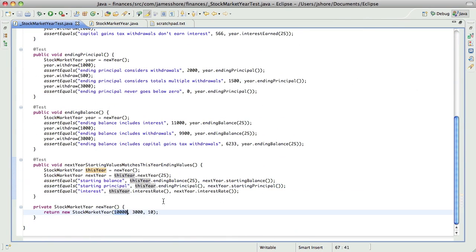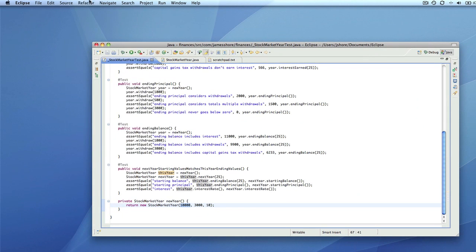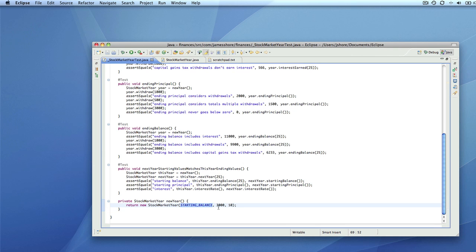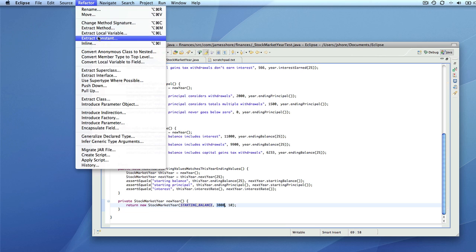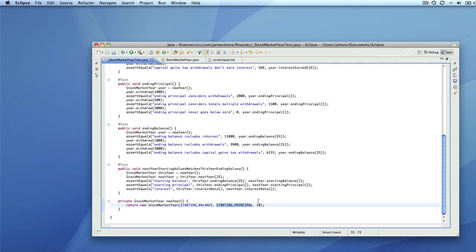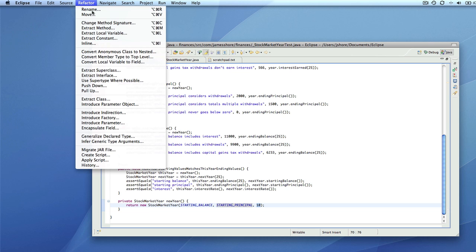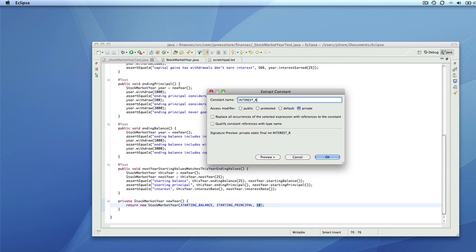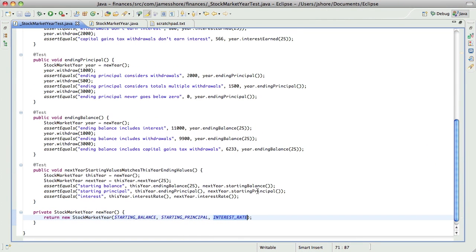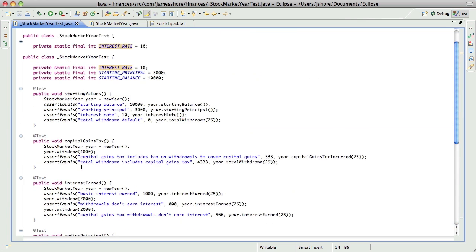And let's pull out some constants here. That is our starting balance. That is our starting principal. That is our interest rate. And we'll come back to capital gains tax rate.